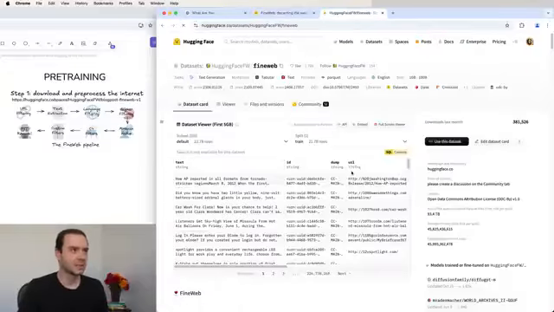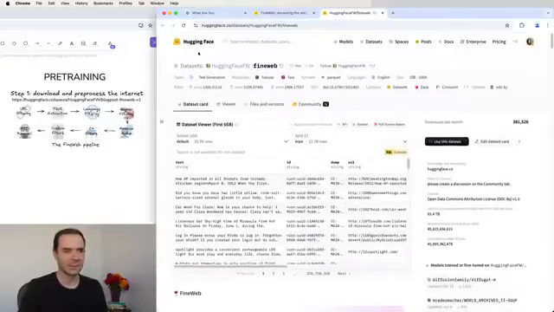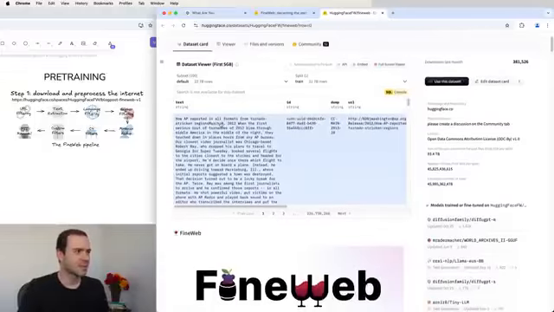So when you click in on it, you can see some examples here of what this actually ends up looking like, and anyone can download this on the Hugging Face webpage. And so here's some examples of the final text that ends up in the training set. So this is some article about tornadoes in 2012, and what happened.